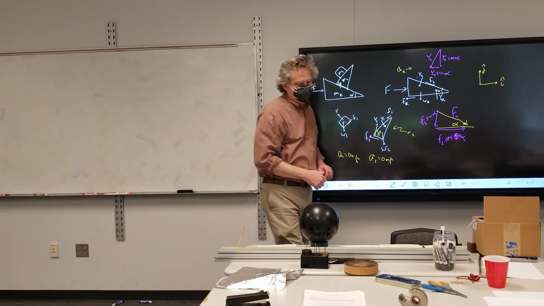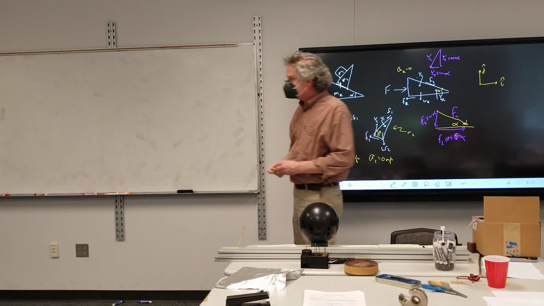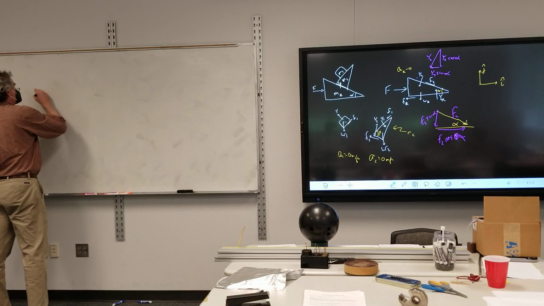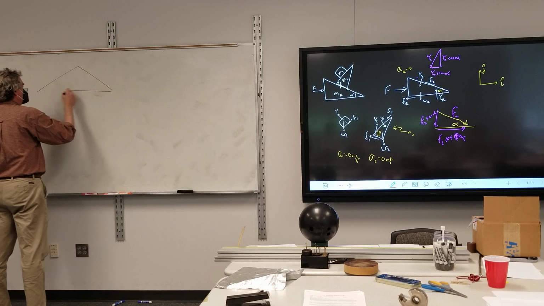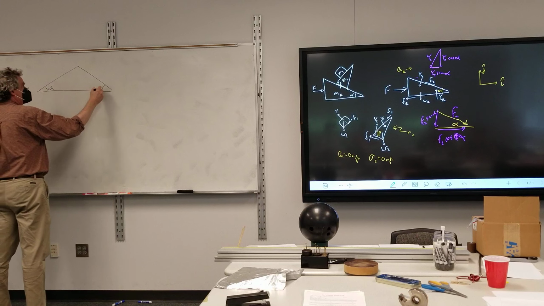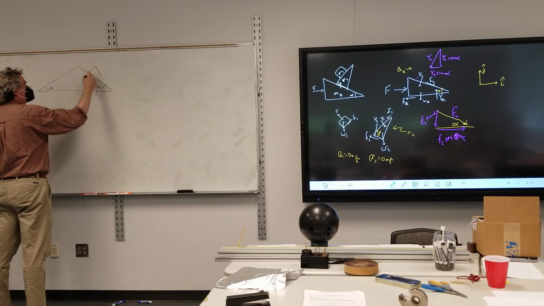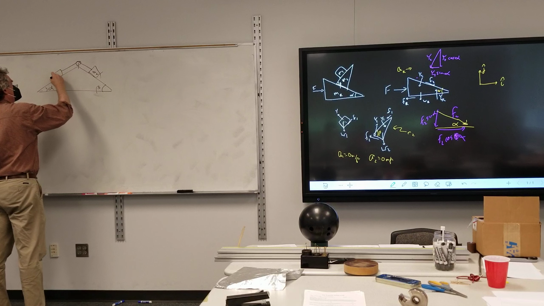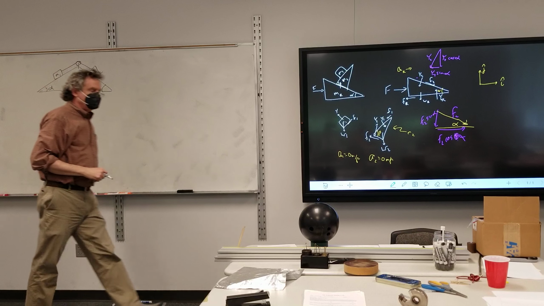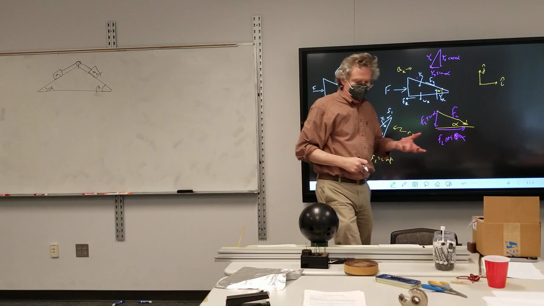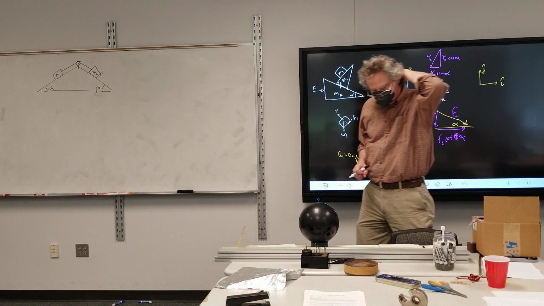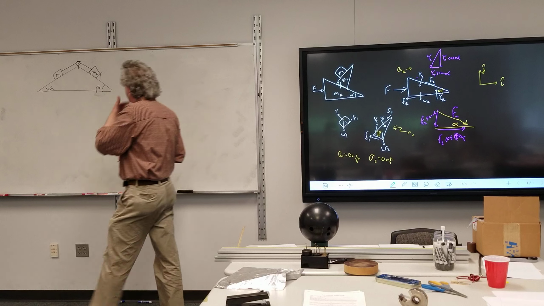I think once again, I went with alpha and beta. All right, so it starts out as frictionless and it is in static equilibrium. And the question is, what is beta?